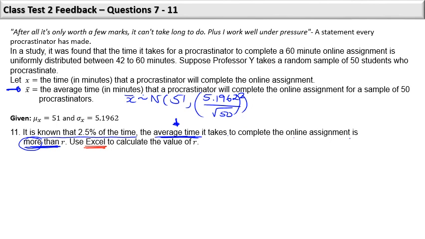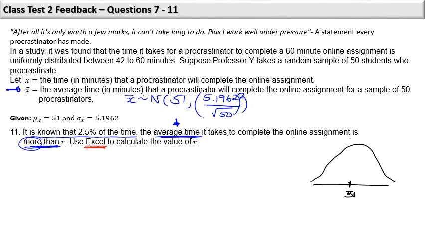Whenever the instruction is use your tables and only your tables, and this was the main instruction for this test, use your tables unless I ask otherwise. In this case, we are on the otherwise. I say use Excel. But before we use Excel, we need to go back to our theory. What I usually do when faced with such questions is represent it in a graph. So in a graph, I know I have my mean of 51.